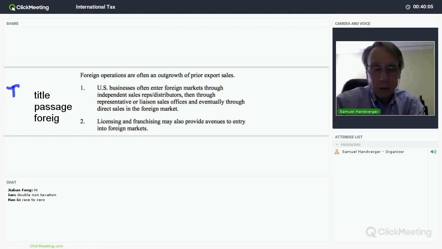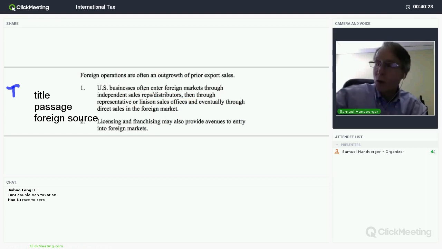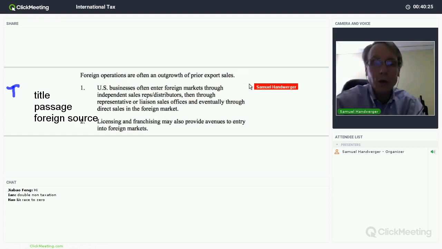Because it means that it for sure is foreign source, and that helps the foreign tax credit, as we now know. Beyond that is the fact that it'll still be subject to worldwide taxation here in the U.S. But what we have increased is the foreign source.